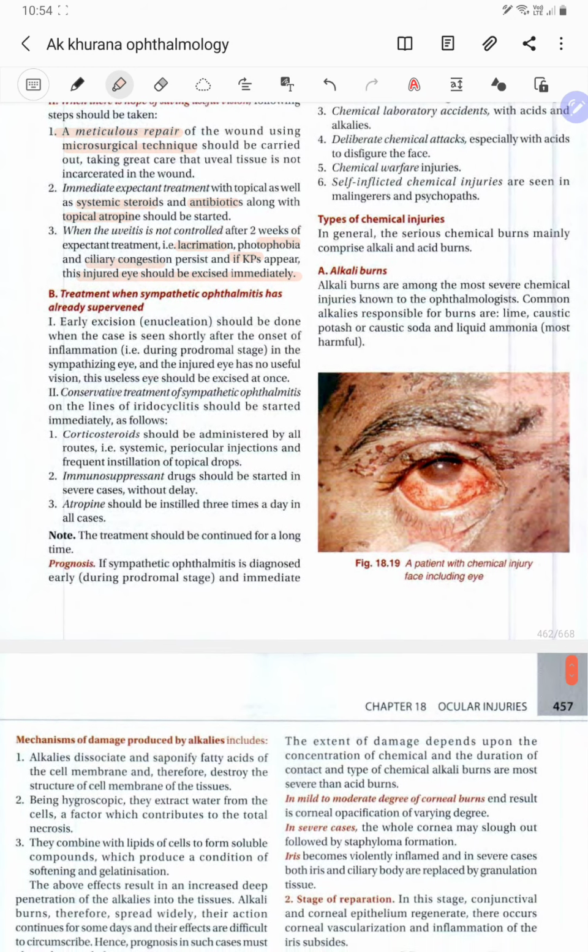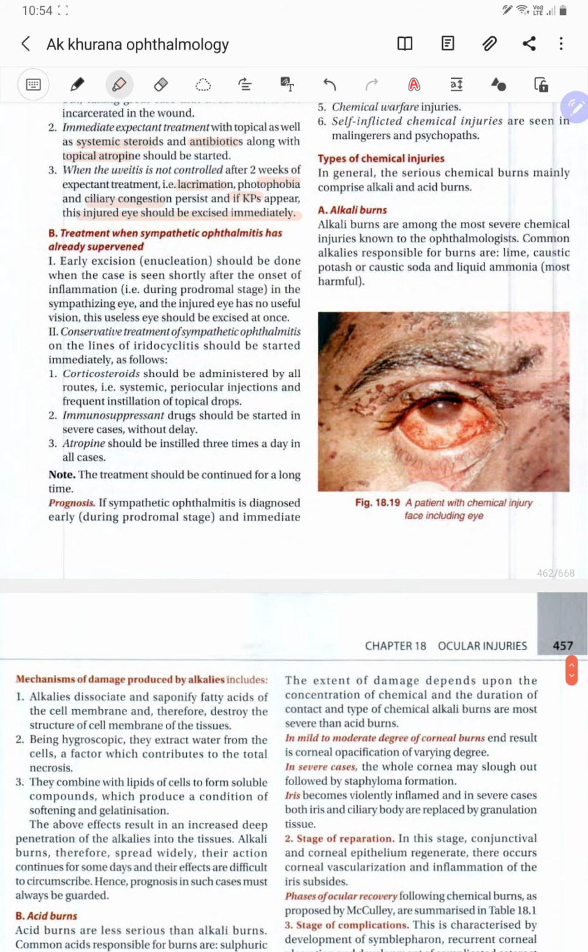Now what do we do if sympathetic ophthalmitis has already begun in the sound eye?